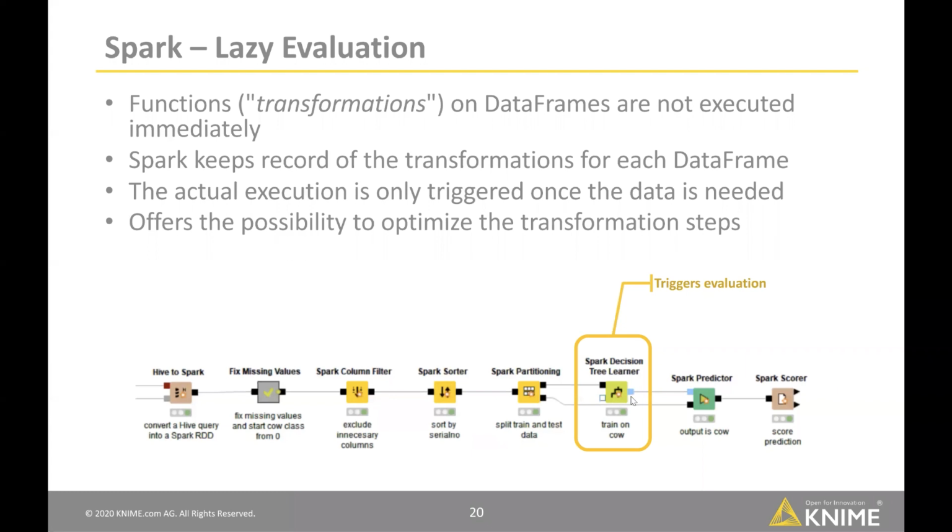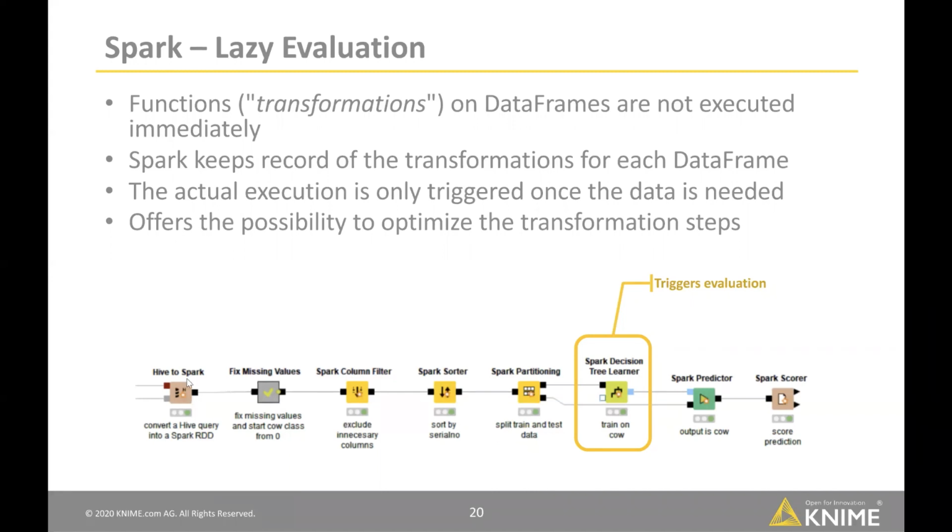Only in the next step, in the Spark decision tree learner, where you tell Spark to learn a model, does it actually have to go to the data. Then it will see, okay, I need this particular data frame. To compute that, I need to go back to the sorting phase. To do the sorting, I actually need the column-filtered data frame, and so on.